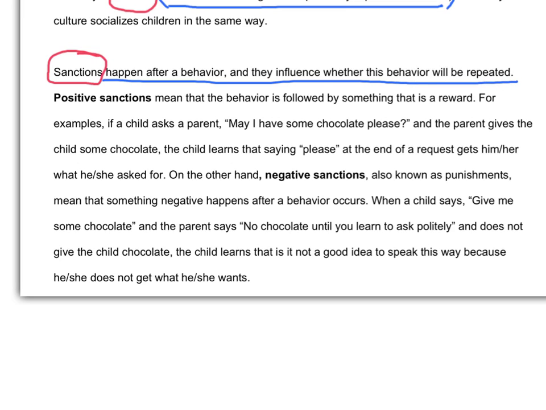Now the first sentence is called a topic sentence, and that highlights the main idea for the paragraph.